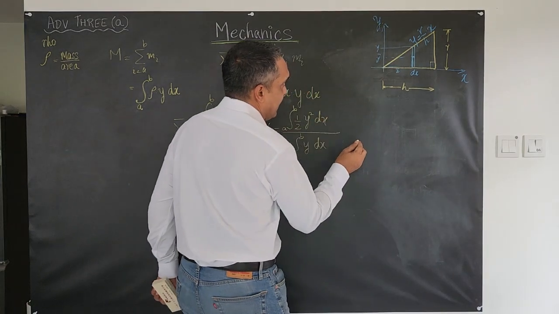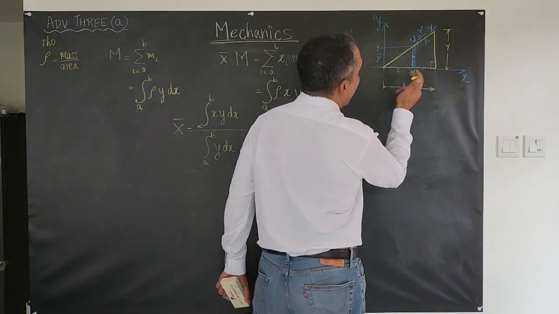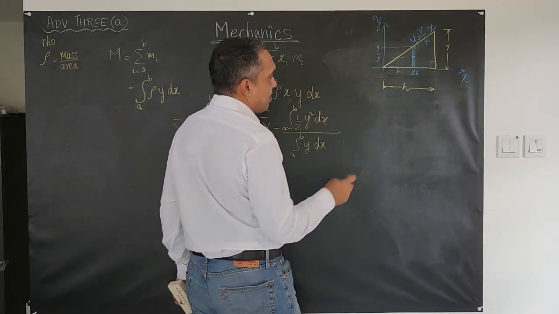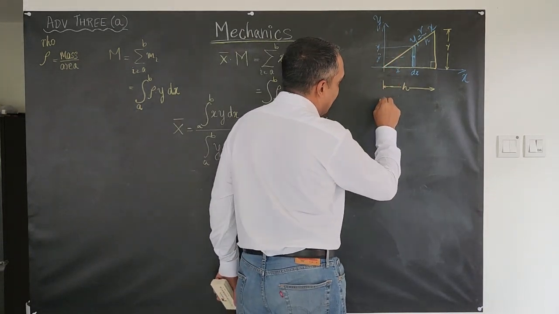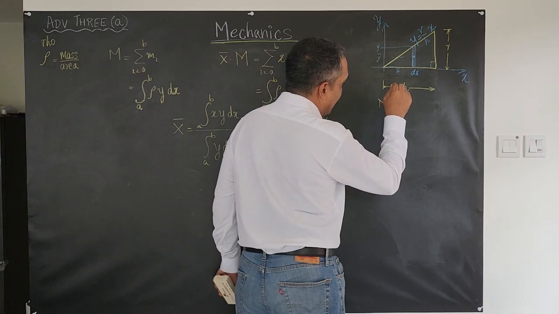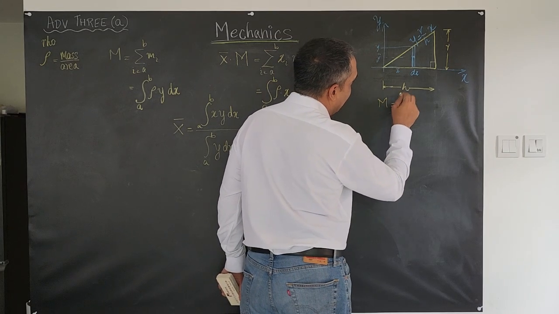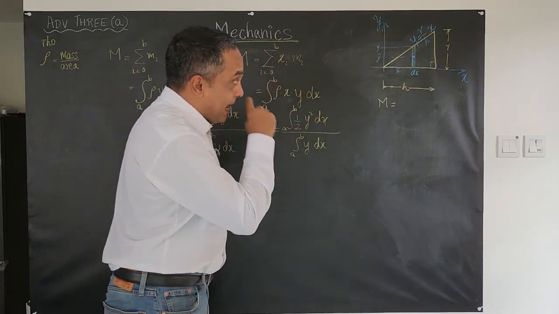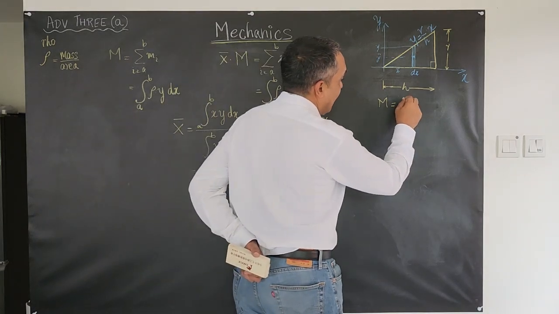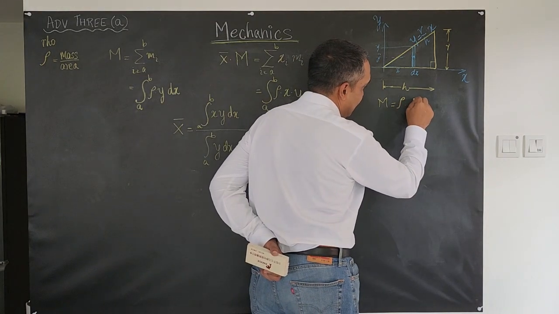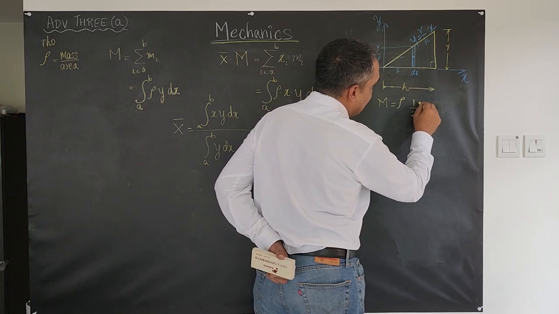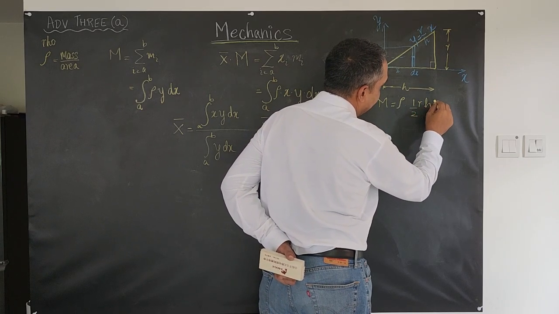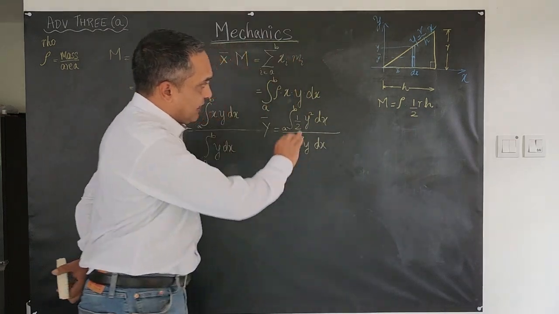I would simply say, hey, where's my center of mass? Well, first of all, what is the mass of this? Well, that's easy, because we know the area of a triangle, half base times height. So I have my density factor, whatever that is, half times base times height is just r times h. So this is an easy one.